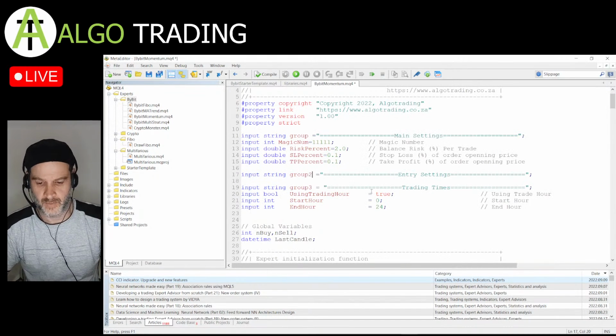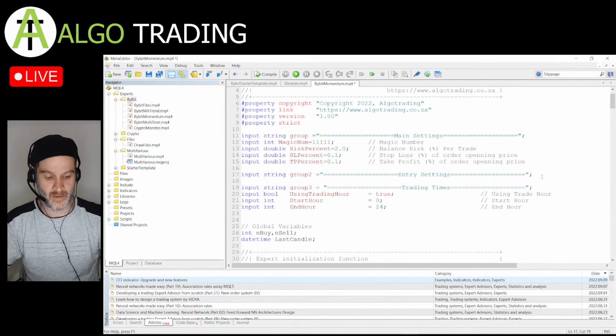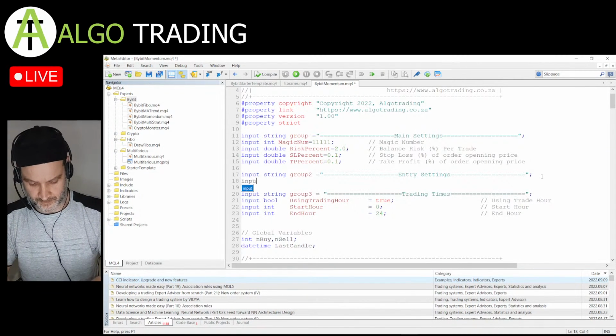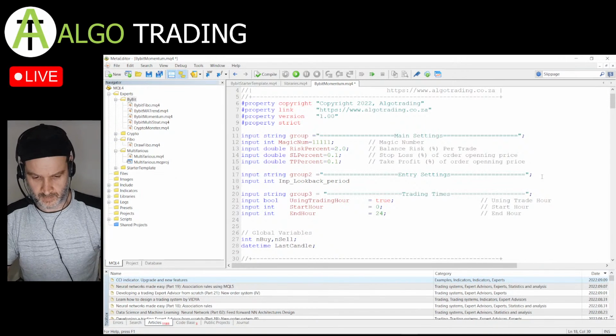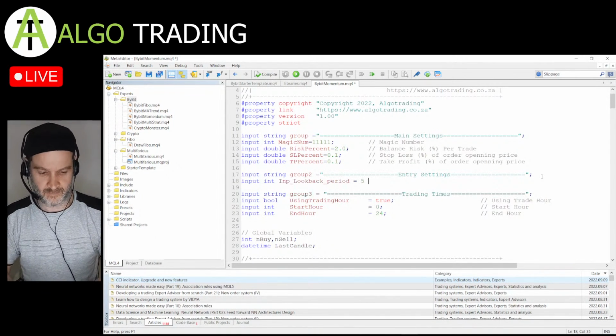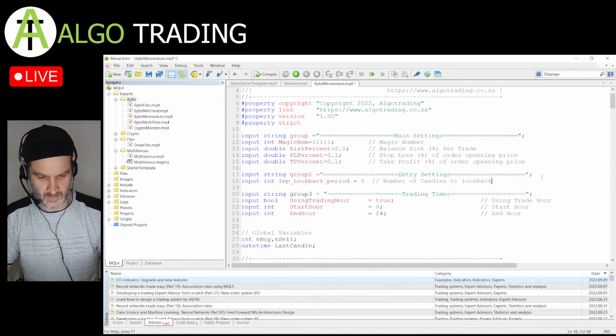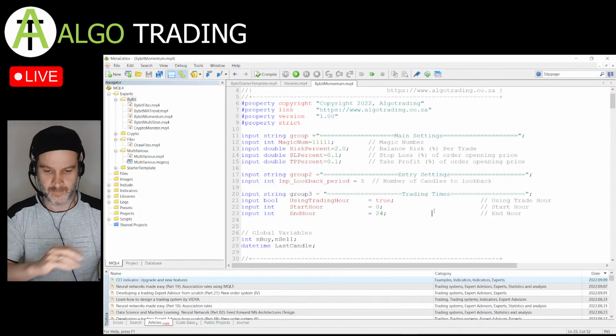We're only going to have one indicator, the look back period. So we're going to optimize to see what is the best look back period. We'll set it to 5 to start, and we'll say number of candles to look back. That's our only input parameter.